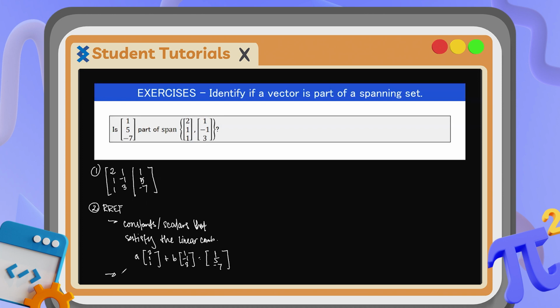And if there is no solution, that only means that it is not part of the spanning set.